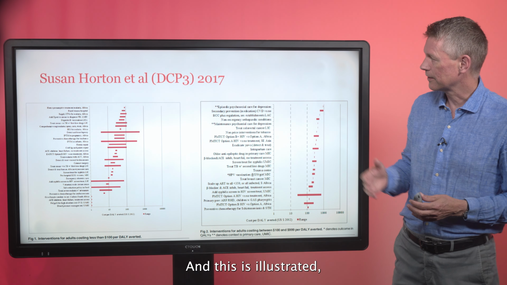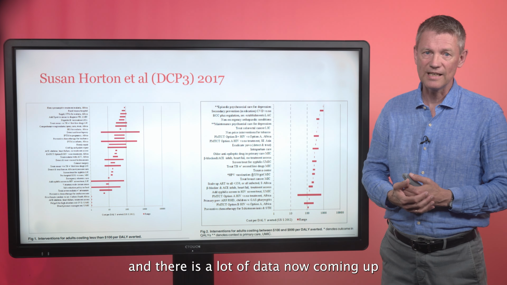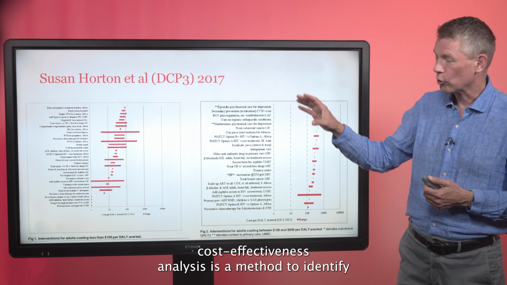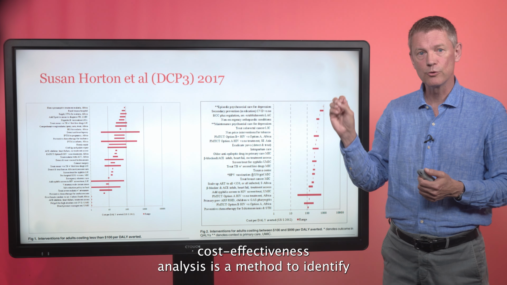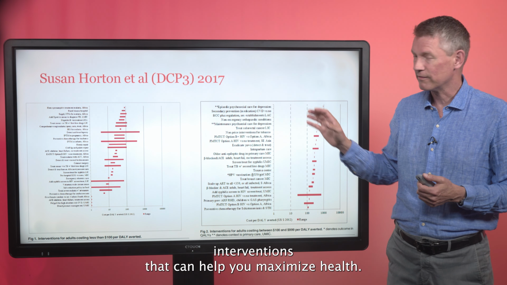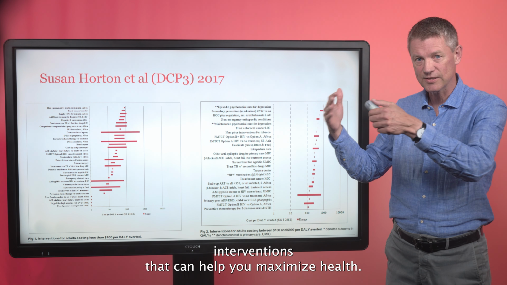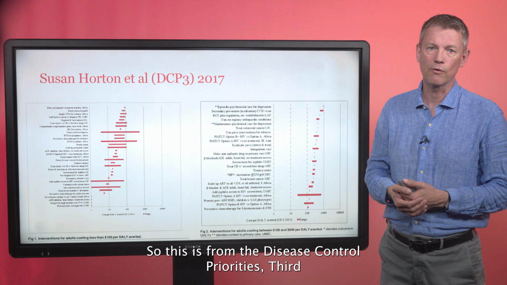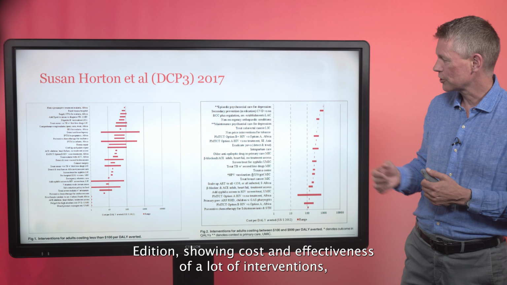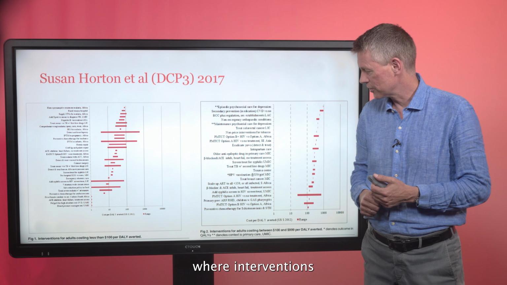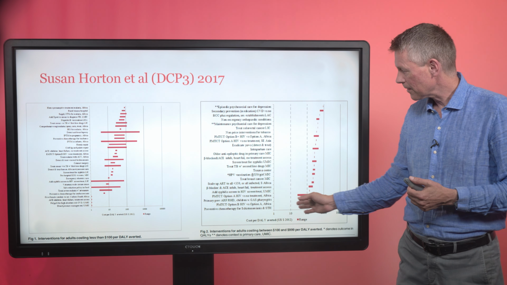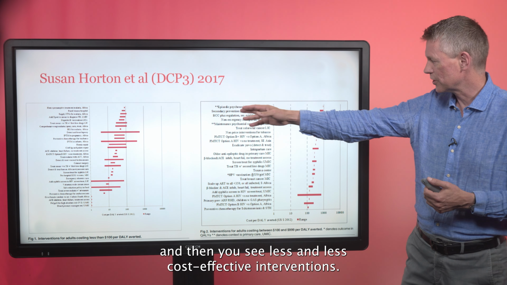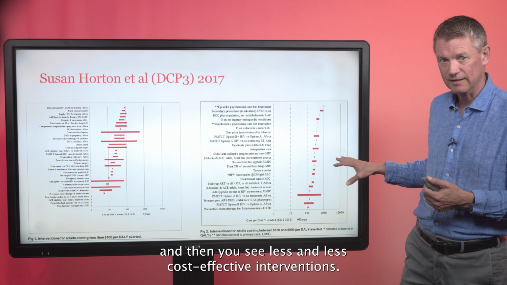And there is a lot of data now coming up, and you learn more about it in the course. Cost effectiveness analysis is a method to identify interventions that can help you maximize health. This is from the Disease Control Priorities, 3rd edition, showing cost and effectiveness of a lot of interventions, where interventions to the left are very cost effective, and then you see less and less cost effective interventions.